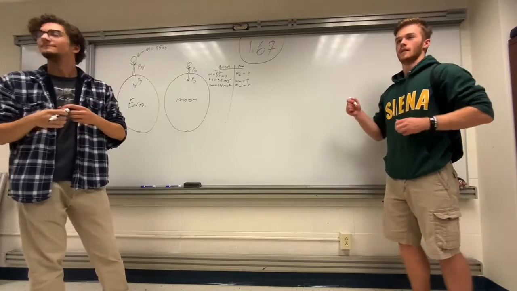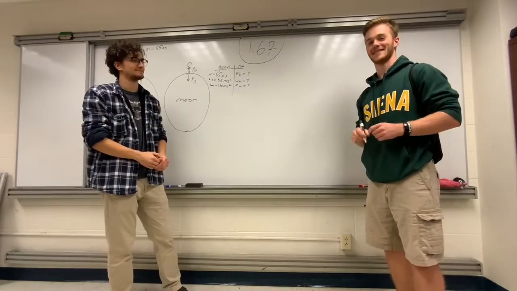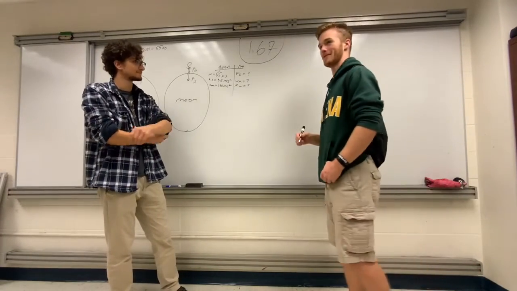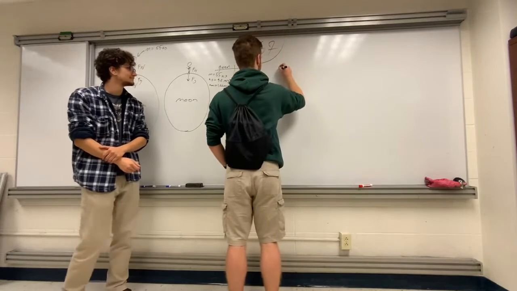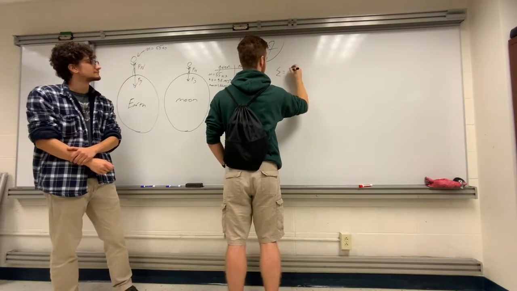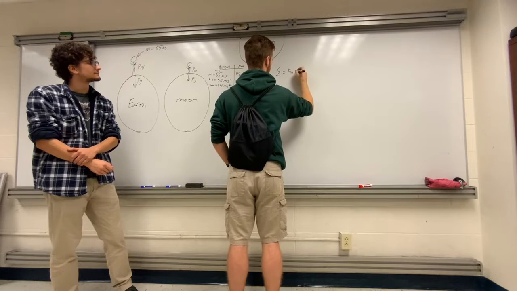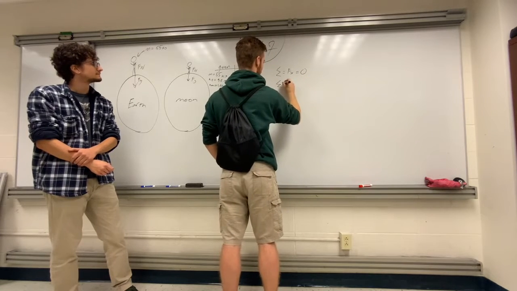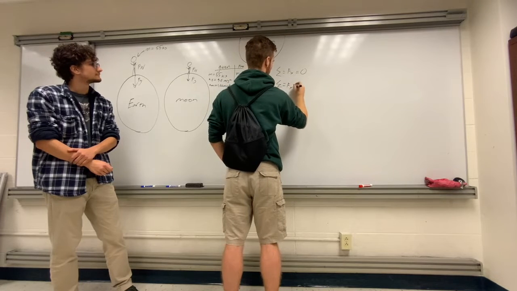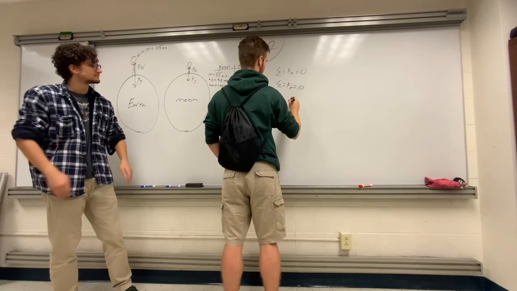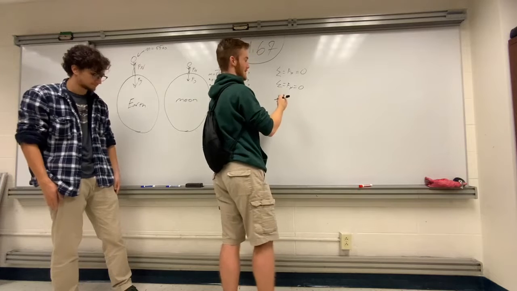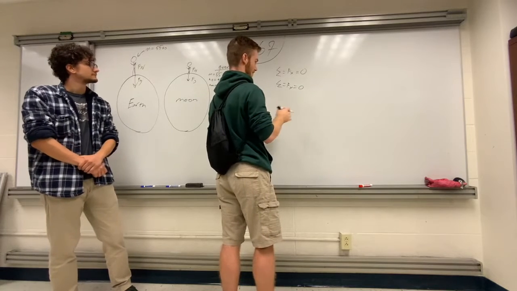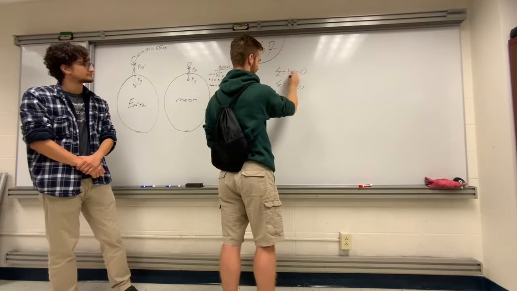So the first thing we have to do is find the sum of the forces. Sum of forces in X is equal to 0, and sum of forces in Y is equal to 0. Force in the X direction doesn't matter because there are no forces in the X direction.